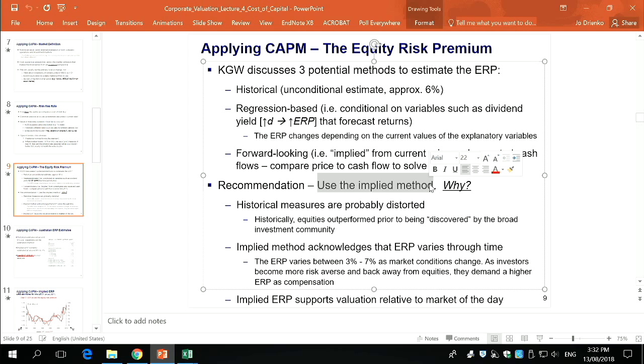As investors become more risk averse and back away from equities, the ERP does go up. So it's not just historical or some implied model, you also have to take the perspective of the investor and ask, is it risky to buy stocks now? You have to ask yourself that question, because if it is, the ERP should be higher. If it's safe to buy stocks, the ERP should go down, lower than some 7%.